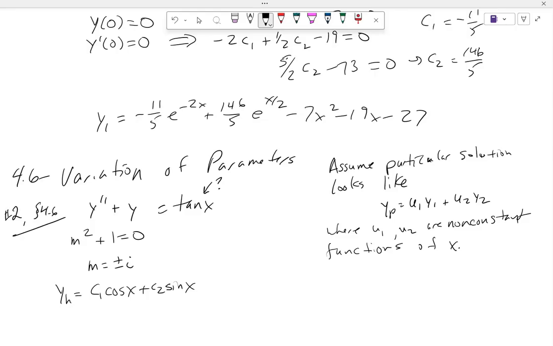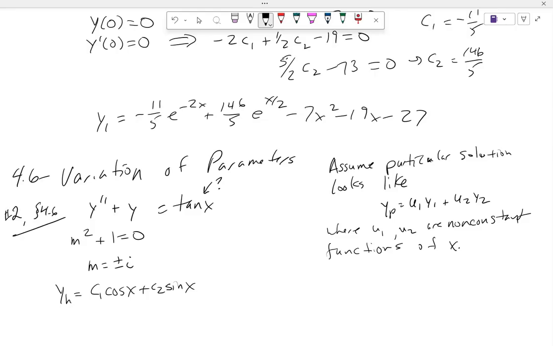We've got parameters C1 and C2. We're going to vary them. That's variation of parameters, and that's why it gets its name. Rather than constants, we think of them as functions of x that vary. Very clever name, right?